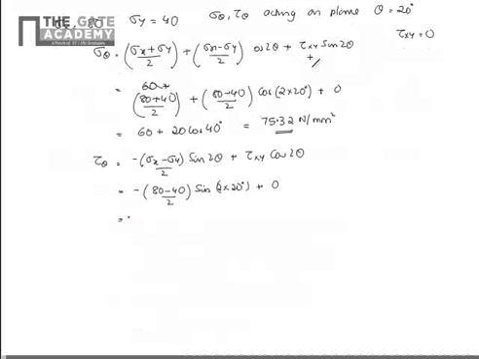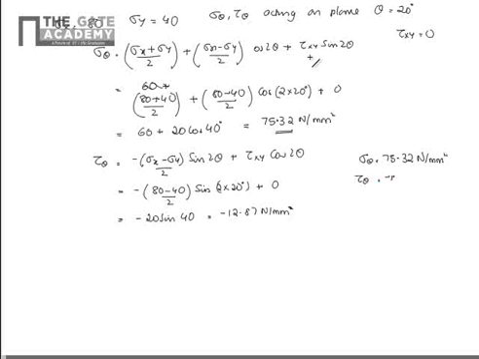So this becomes minus of 40 by 2 is 20 sin 40 degree. That will be given as 12.87 Newton per mm square, minus. So I can say my sigma theta equals 75.32 Newton per mm square, tau theta is equal to minus 12.87 Newton per mm square.